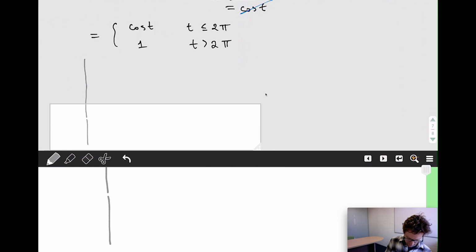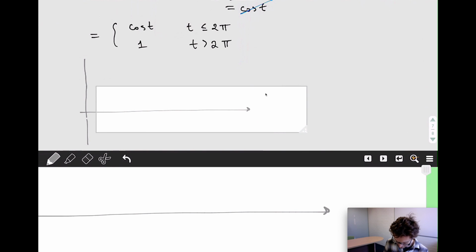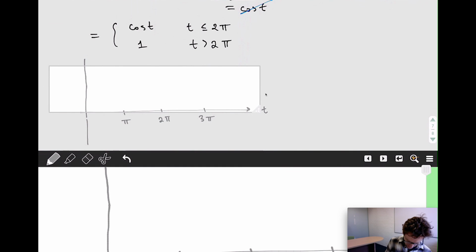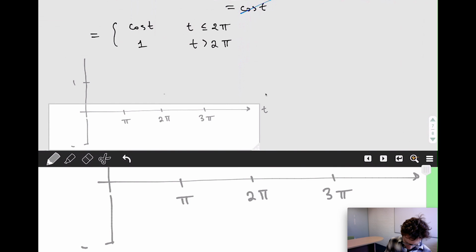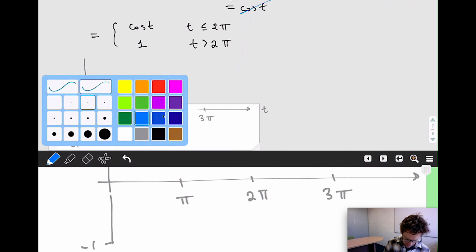For values of t that are positive, I've got pi, 2 pi, 3 pi. Cosine is bopping around between 1 and minus 1. Up until t is equal to 2 pi, this thing is just going to look exactly like cosine, so we know what cosine looks like.